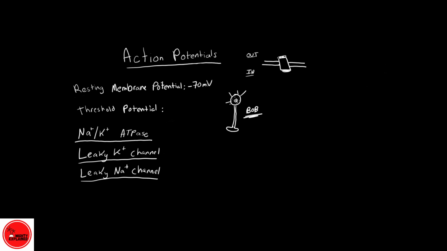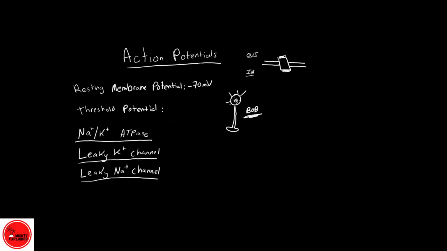That brings us into our next point of discussion, which are these three types of channels that allow for the resting membrane potential to stay at negative 70 millivolts. There are three of them that we're going to talk about, and they're super important for doing two things. Number one is keeping the inside negative. Internal negativity, however you want to remember that.